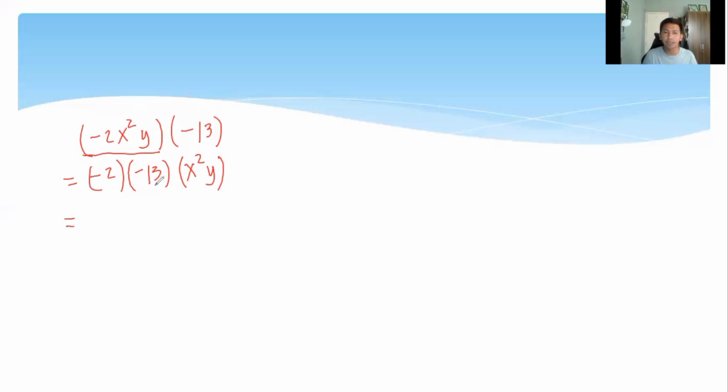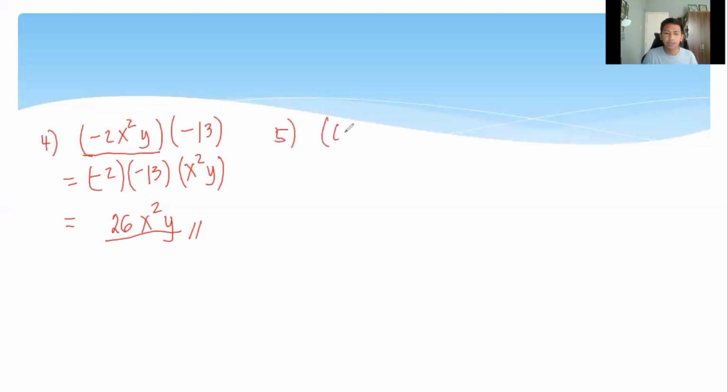Negative 2 times negative 13, this will give us a product of positive 26. And then you just need to bring down x squared y, kasi wala naman tayong i-multiply sa kanya. So this will serve now as our final answer. Okay, so this is example number 4.